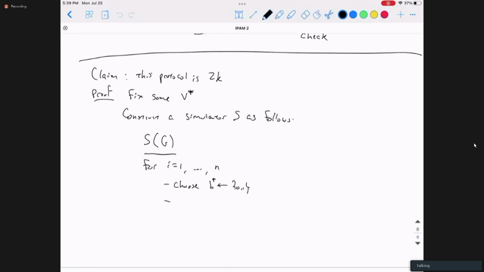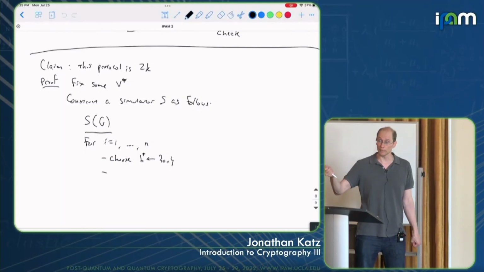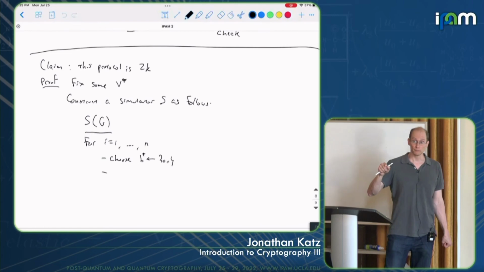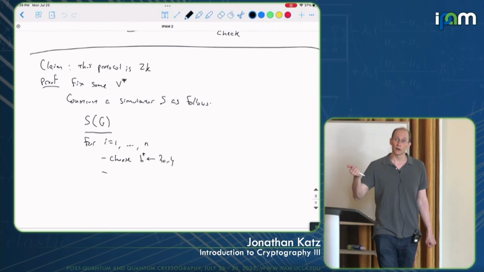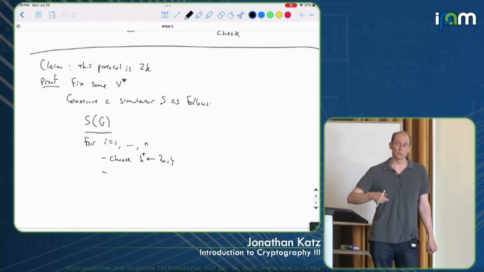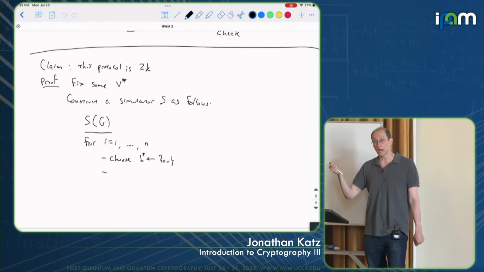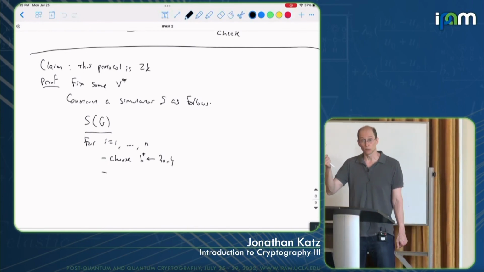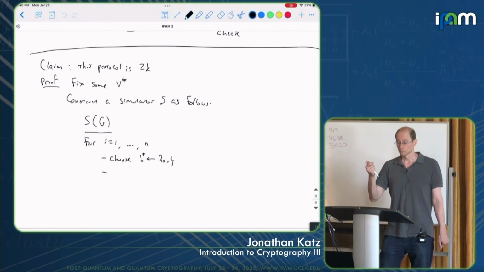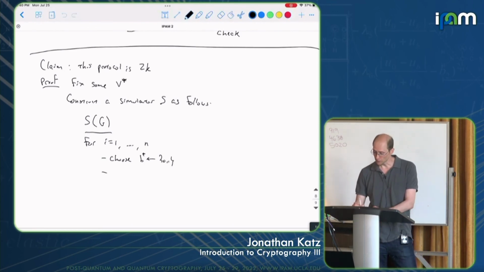Okay? So we saw before how if the prover knew in advance what the verifier's challenge was going to be, then the prover would be able to cheat. Just to remind you, if we knew in advance that the verifier's challenge was going to be a 0, we would just send a permuted copy of the graph. And if we knew in advance that the challenge was going to be a 1, we would just send commitments to a random cycle. So we're going to do the same strategy here. Choose b star.